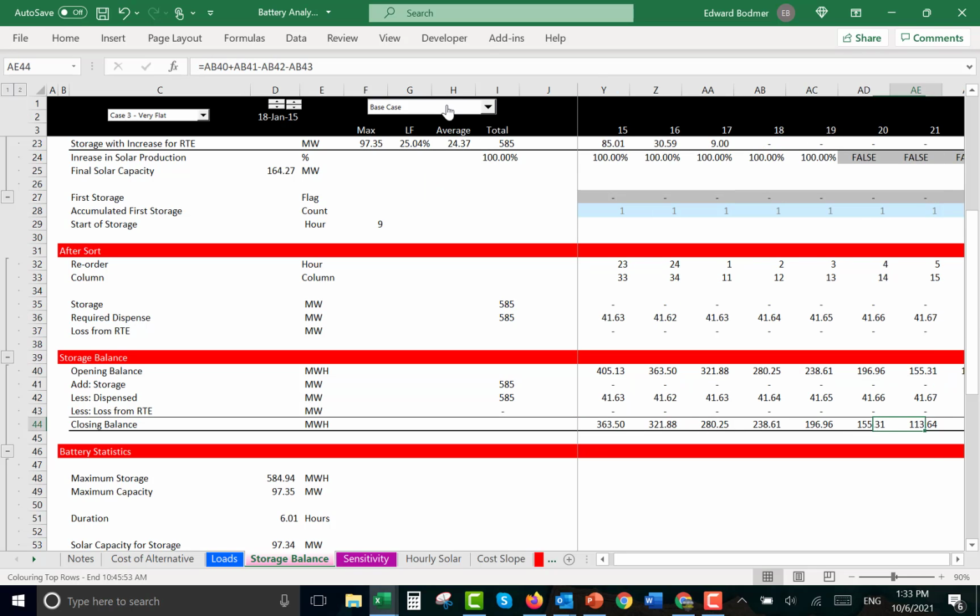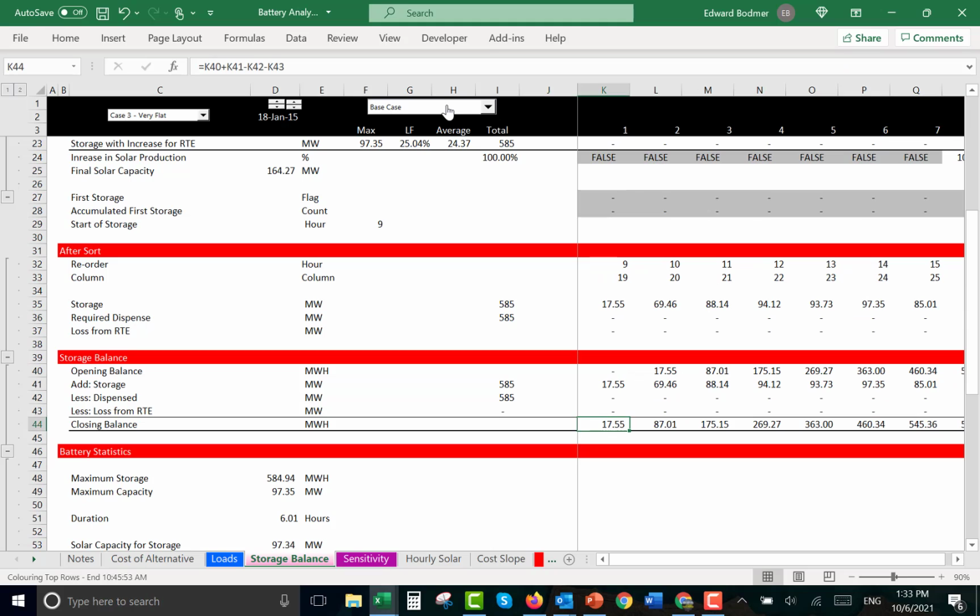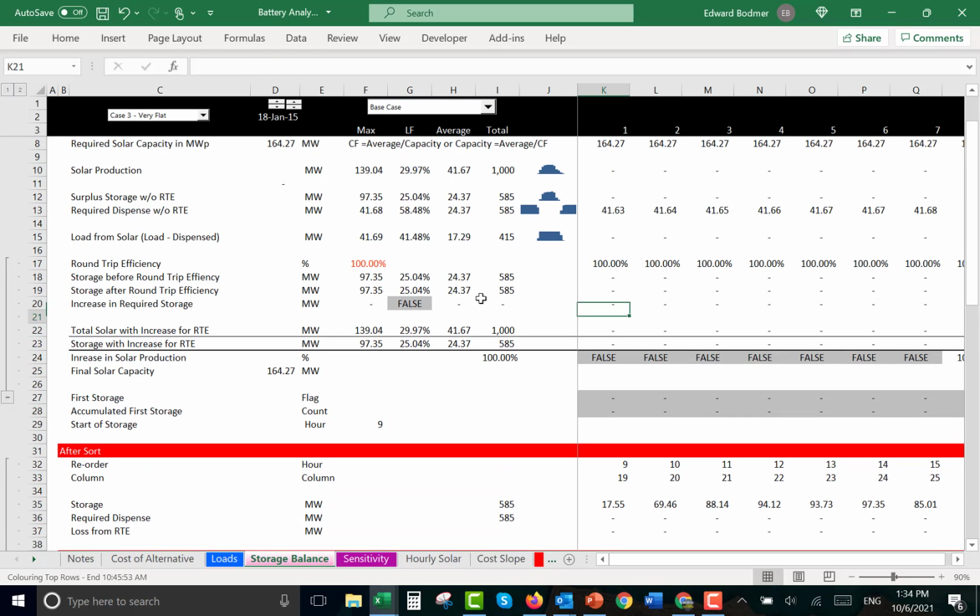So without round trip efficiency, we made a 1-day analysis, which, elephant in the room, can be criticized, all the rest of it, but we can get it. And so now if we have this round trip efficiency, we need more solar power.